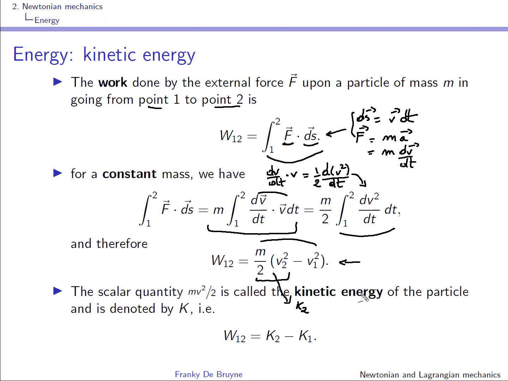Kinetic energy is the energy that can be written as mv squared over 2, and it's of course a scalar quantity. So the work done by the force acting on the particle in going from point 1 to point 2 is related to the difference K2 minus K1.